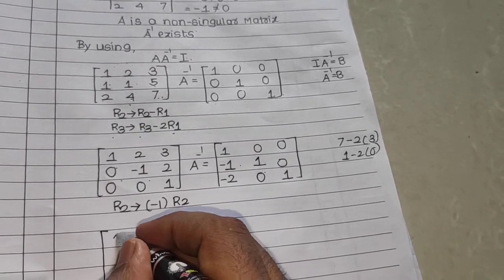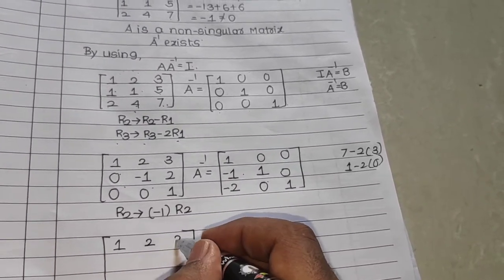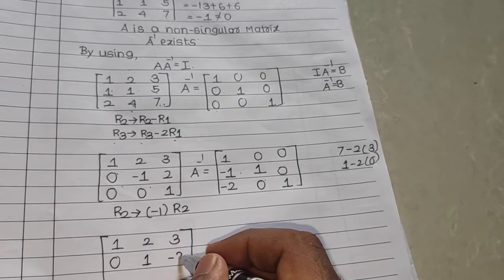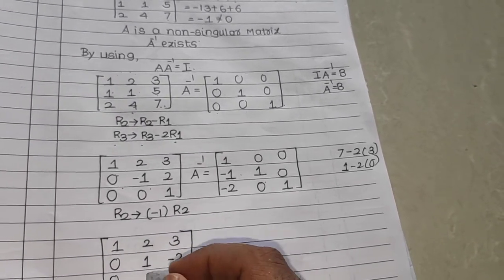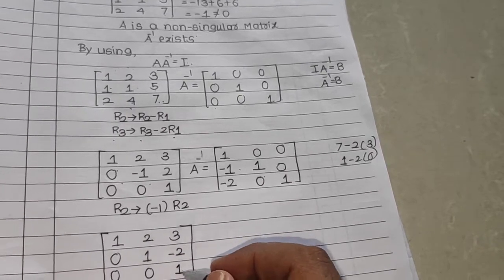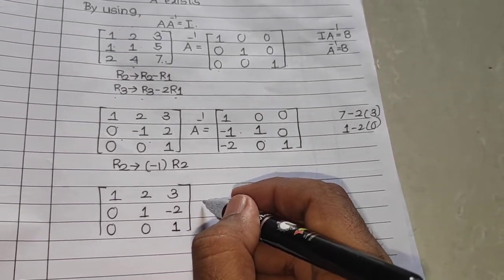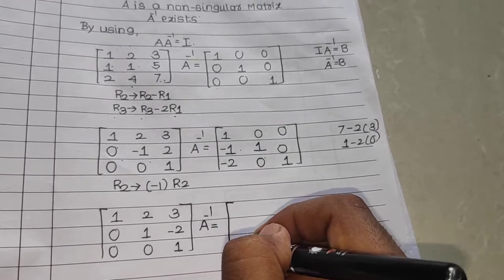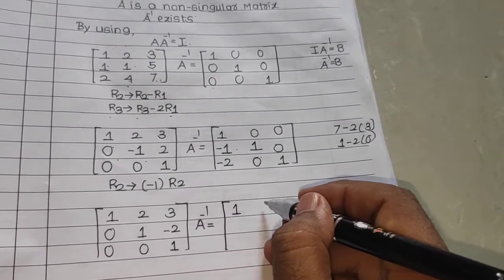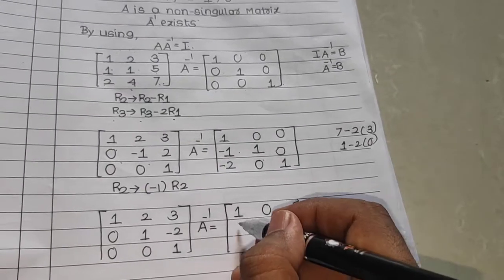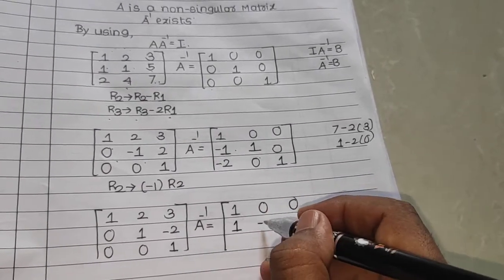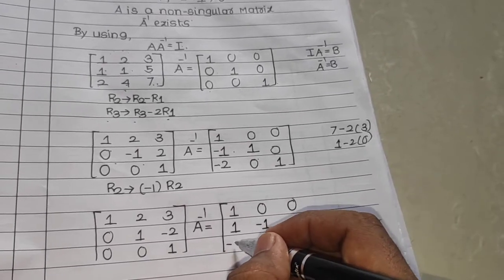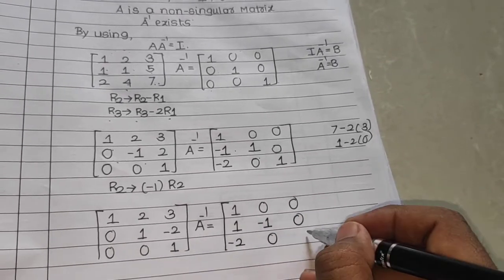So the next operation: 1 2 3, 0 1 minus 2, 0 0 1 into A inverse equal to 1 0 0, 1 minus 1 0, minus 2 0 1.